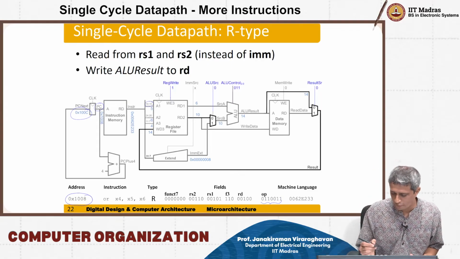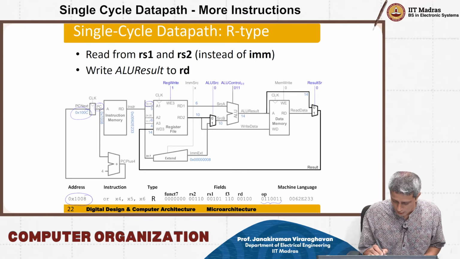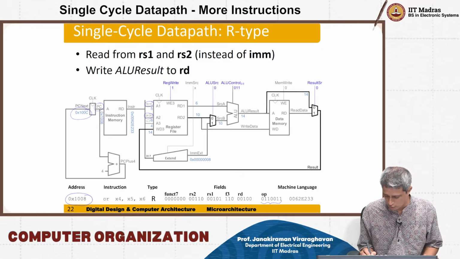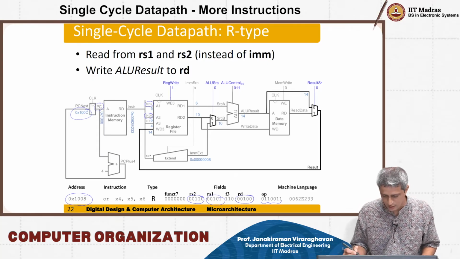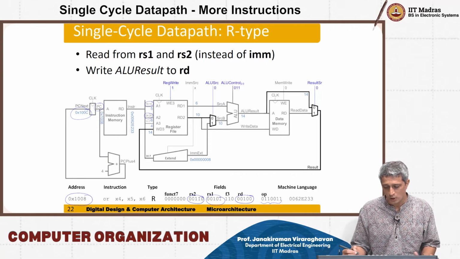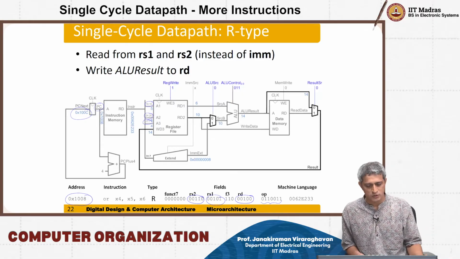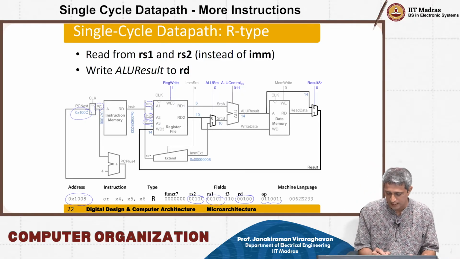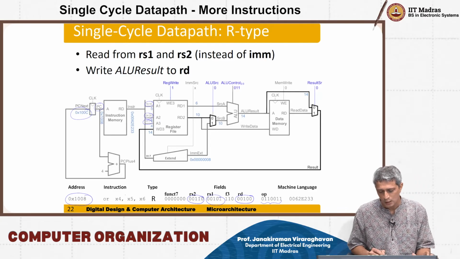So bits 19 to 15 is going to give me RS1, bits 24 to 20 is going to give me RS2, right, and bits 11 to 7 is going to give me the destination register here, okay. So that's why you see here that in this case we are doing OR of X5 and X6 and putting it into X4, right.